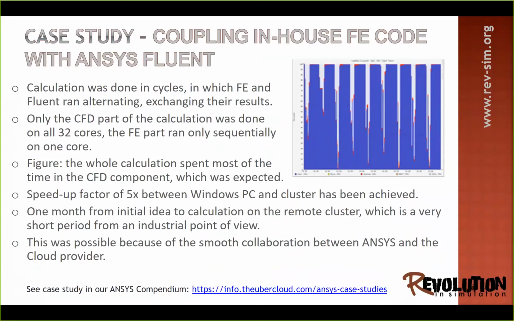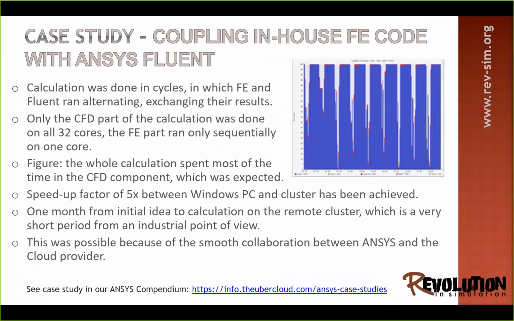Then on the next slide, the figure already shows the cluster load during the calculation cycles, and so you see the calculation was done in cycles in which the finite element code and Fluent CFD, as I mentioned previously, ran alternating, and in between exchanging their results after every time step.